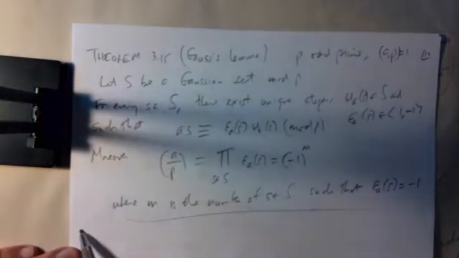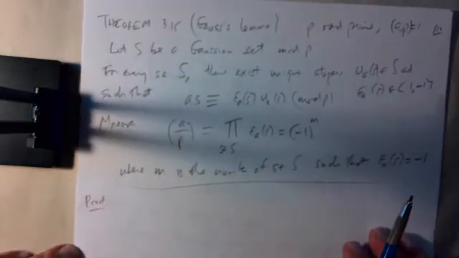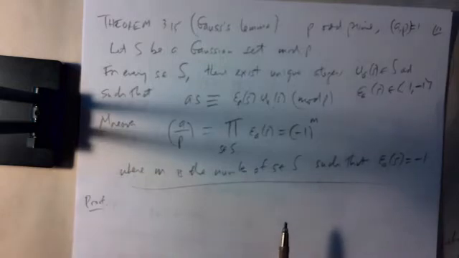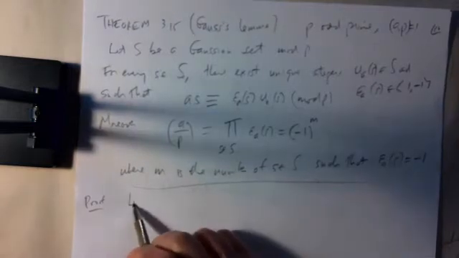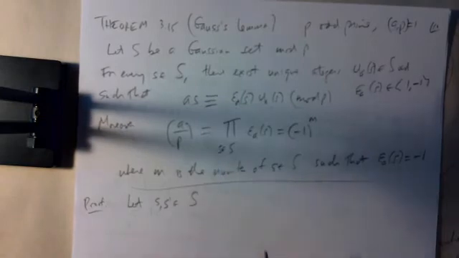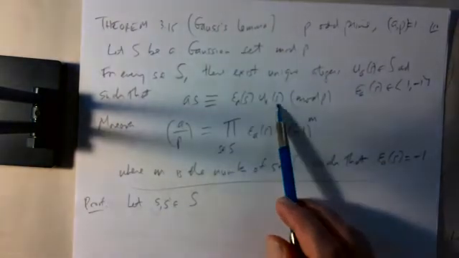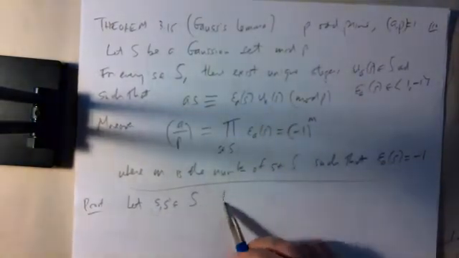So let's look at the proof. This is probably the most subtle thing we've had to prove so far in this course. Suppose I take two elements, s and s prime, in the set S. For each of them we have u sub a of s and u sub a of s prime.